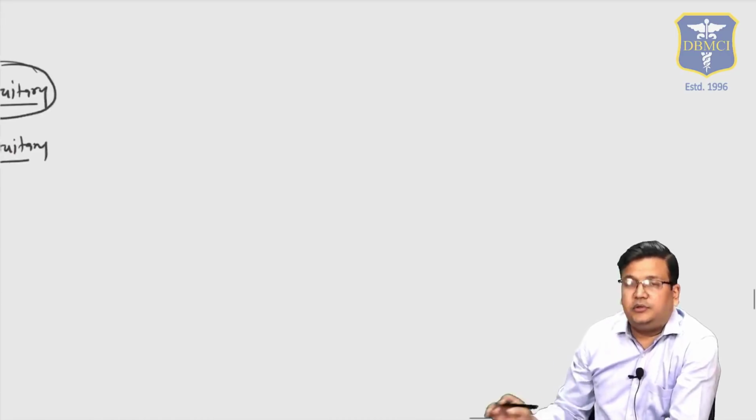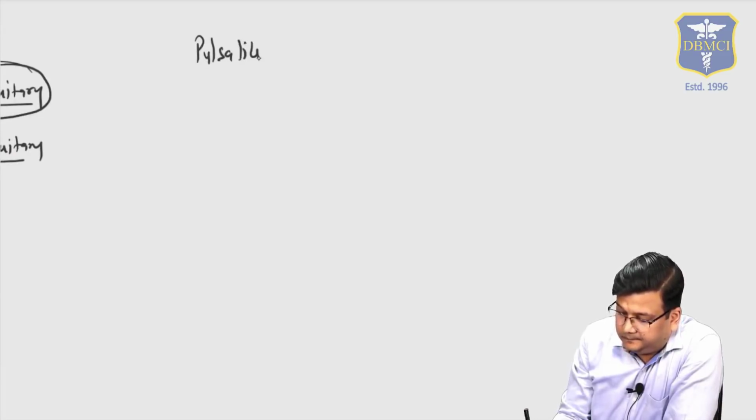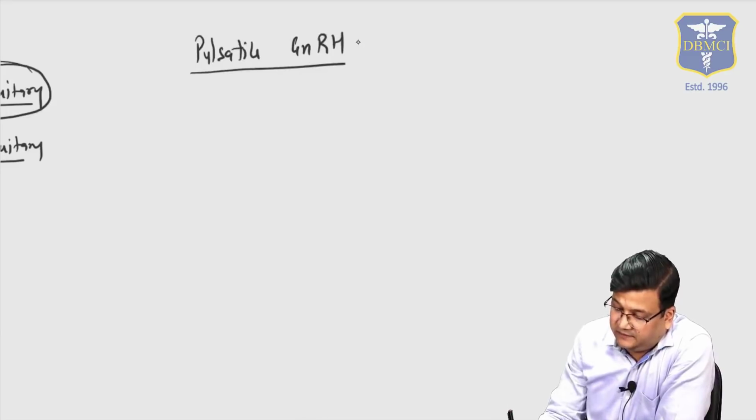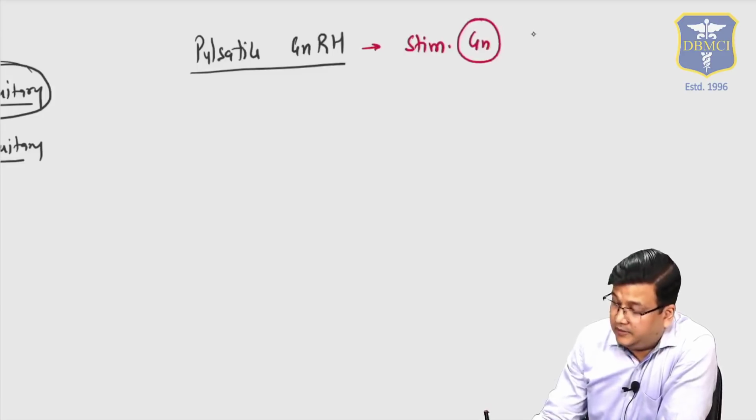So let's now come to their uses. Pulsatile GnRH, let's look at their use first. When we give it pulsatile, it will stimulate the pituitary and the pituitary will secrete gonadotropins.